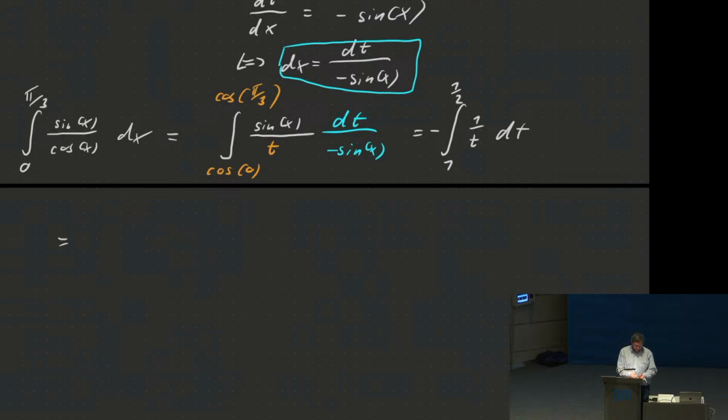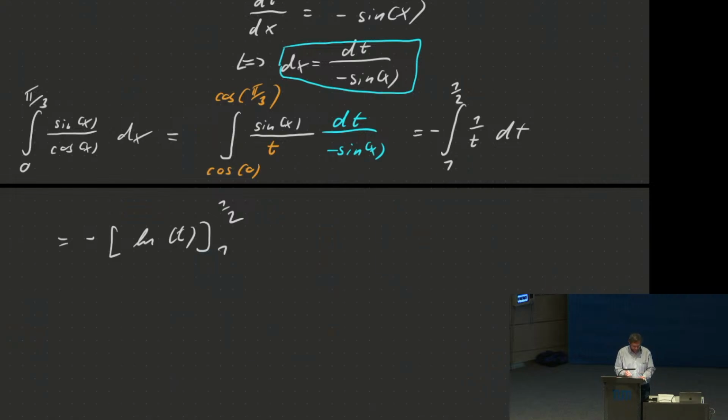You do know how to integrate 1 over t, that's just the ln. So what we get is minus the ln of t from 1 to 1 over 2. You can see the upper bound here is actually lower than the lower bound. So we're kind of integrating backwards, but that doesn't really matter, just a formalism.